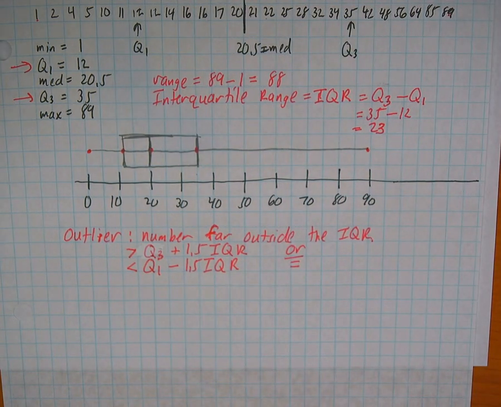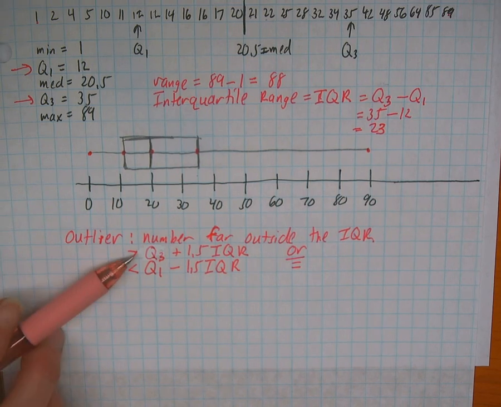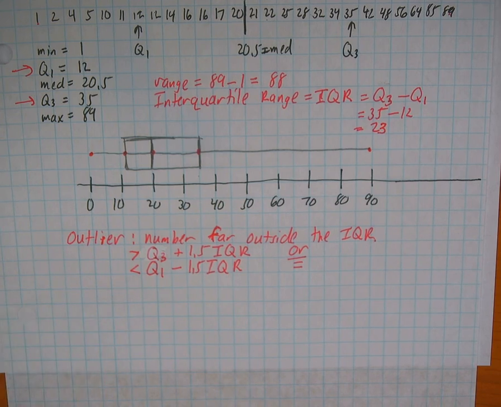So basically we are seeing, okay, is it really far above quartile 3 or is it really far below quartile 1? So let's do that for this problem. We're going to calculate where both of these thresholds will happen.